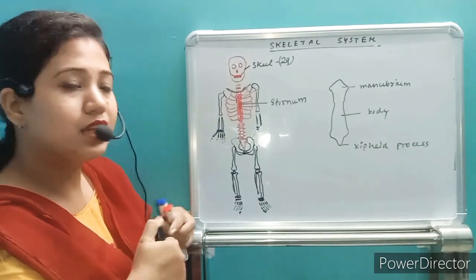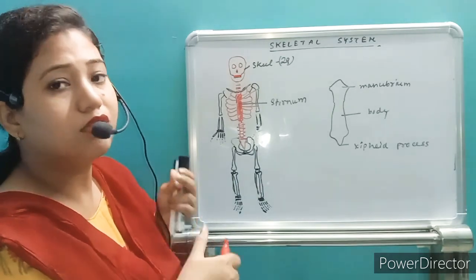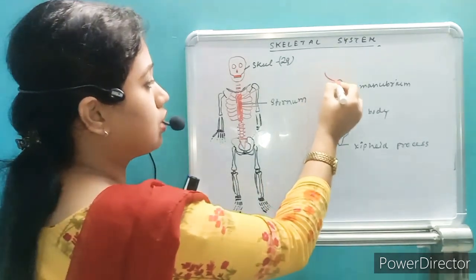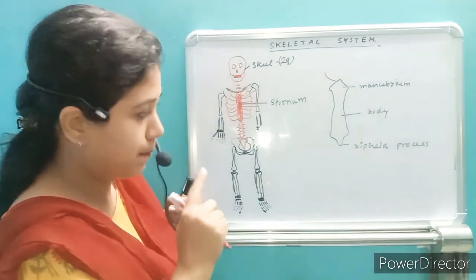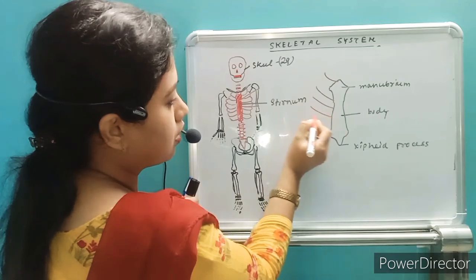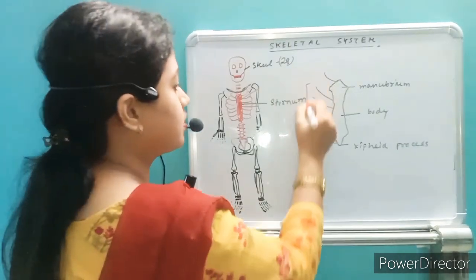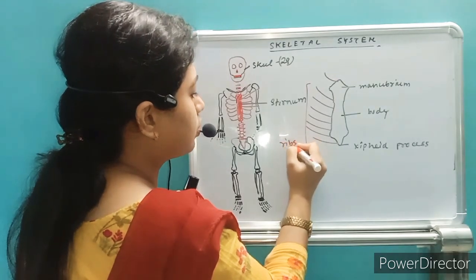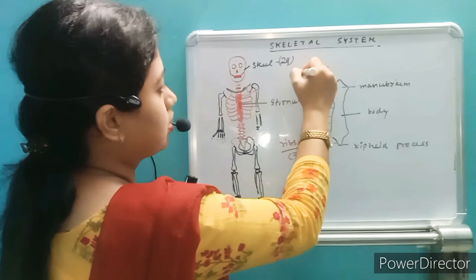So this is the single bone sternum, and this is going to articulate with, first of all, the clavicle which is going to attach with the sternum. Next, there are 7 bones: 1, 2, 3, 4, 5, 6, 7. They are all ribs. So the ribs are going to attach as 7 pairs, and this is the clavicle.